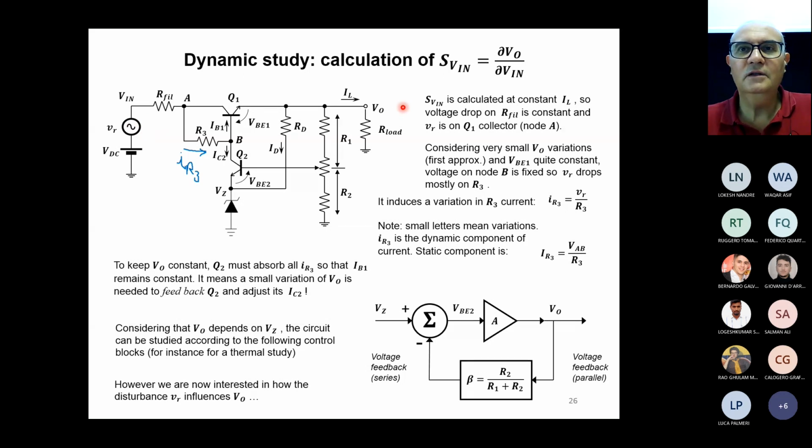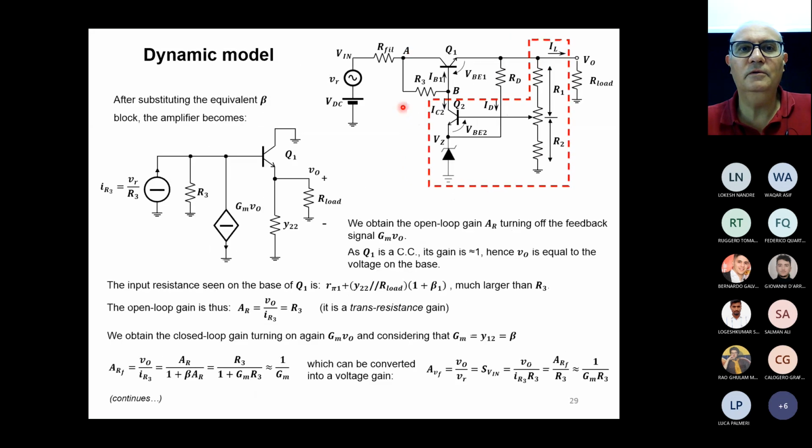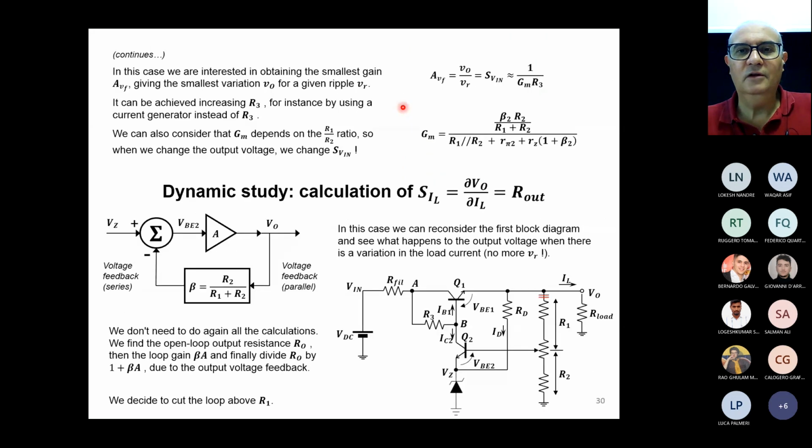Now instead we are not interested in the ripple, so I removed it. If someone asks, what is going to happen if we have at the same time ripple and variation in the output system, we can ideally use the superposition theorem. So we can add the results of the two studies. And so the system will have at the same time some ripple and some variation due to the current. Okay.